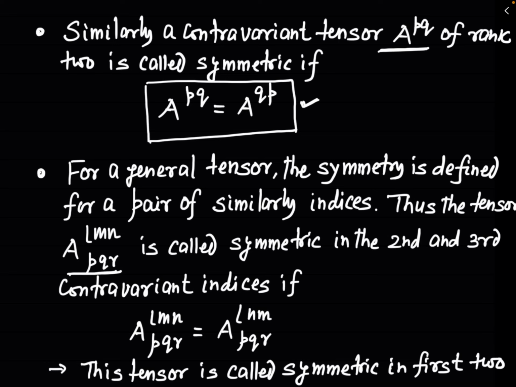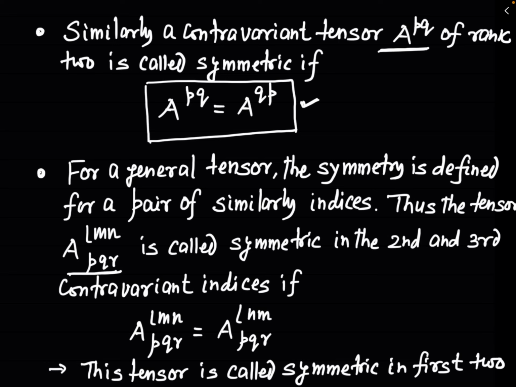It means if you want to define the symmetry of this tensor, you have to select two contravariant indices or two covariant indices. It means you cannot select one contravariant index and another covariant index.